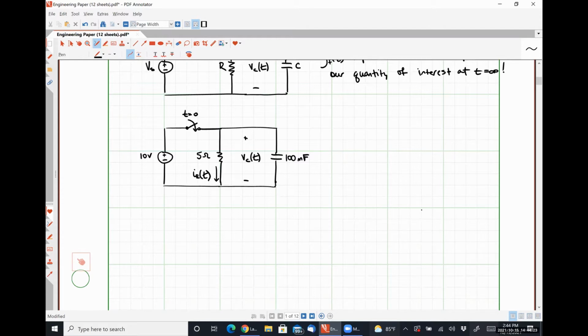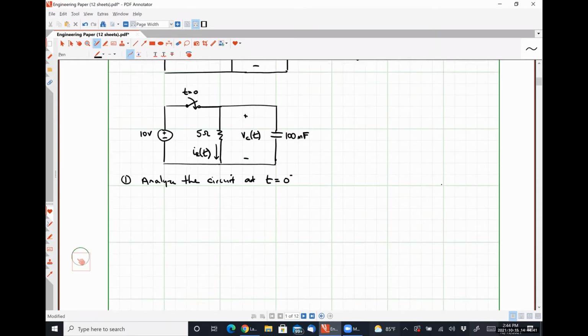So our first step would be to analyze the circuit at t equal to 0 minus. So for our circuit, this should be pretty dang trivial.